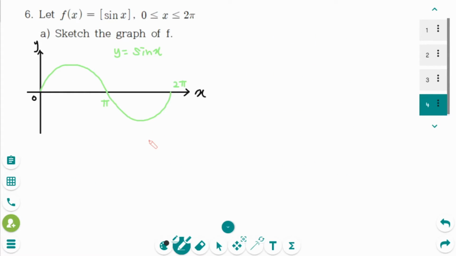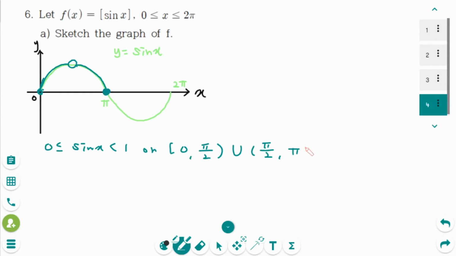This is the last one, number A. This is the graph of y equals sine x. The range of sine x is greater than or equal to 0, but less than 1 on 0 to pi over 2 and pi over 2 to pi.